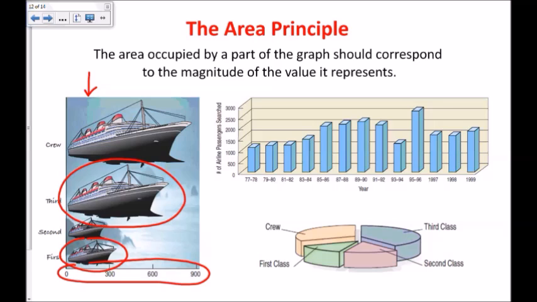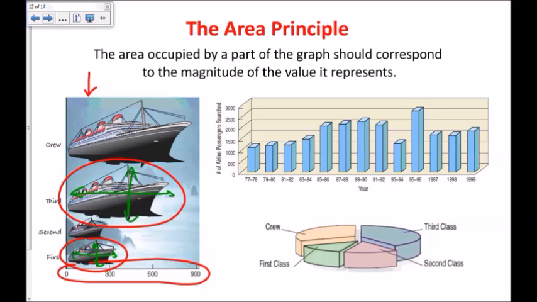But because there's a picture there, and it's being stretched horizontally and vertically, the picture of the ship for third class is actually 4 times bigger than first class, not twice as big, it's 4 times bigger.